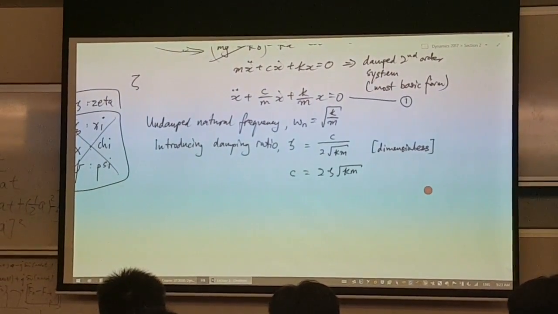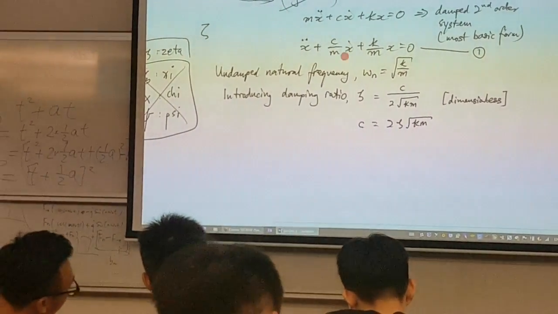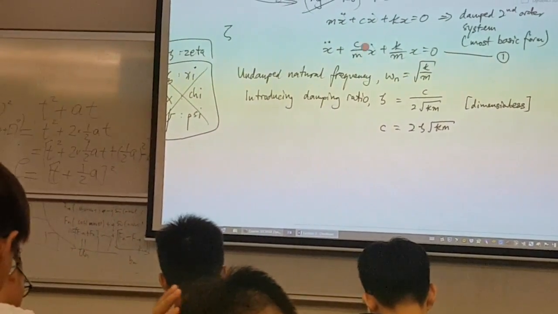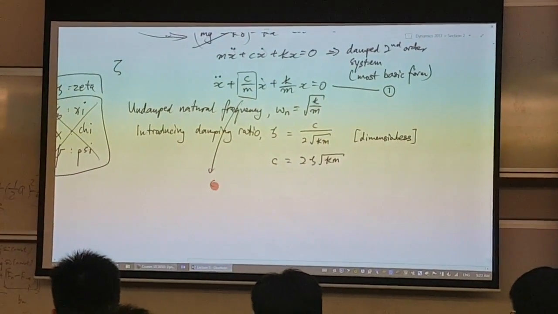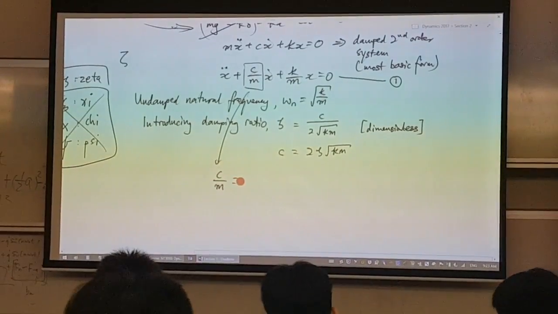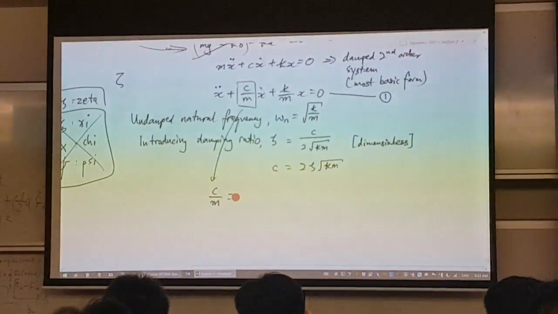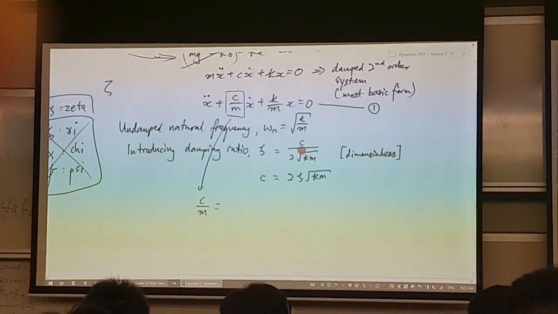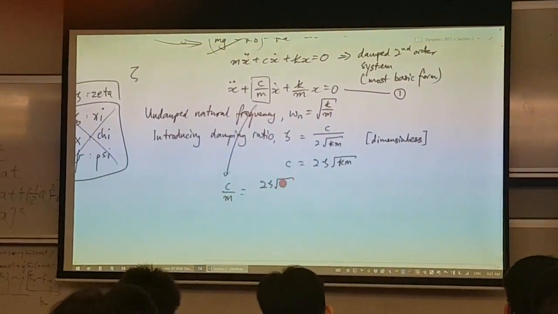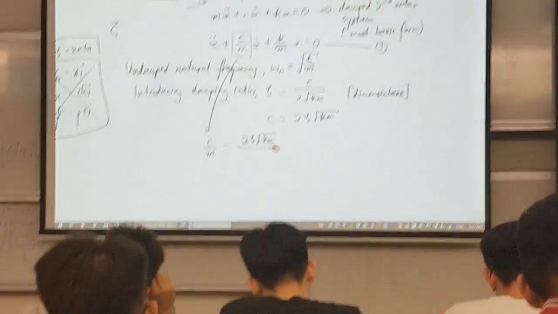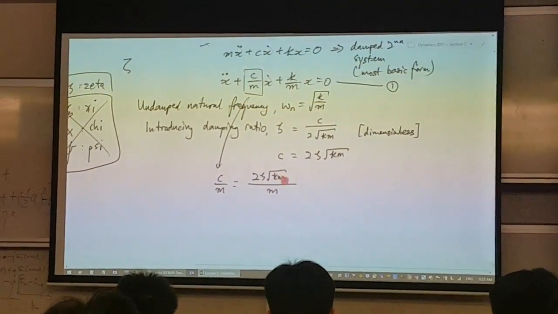So this term over here we have seen before. For a second order system, this term C over M is equal to, if I put 2 zeta square root km for C and then divide by M, I need to simplify.